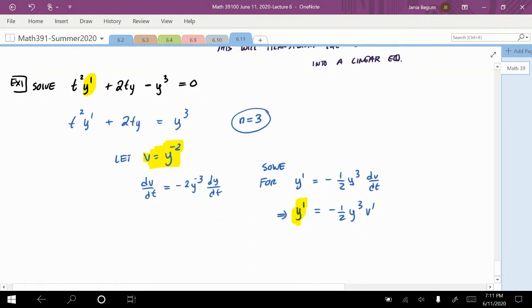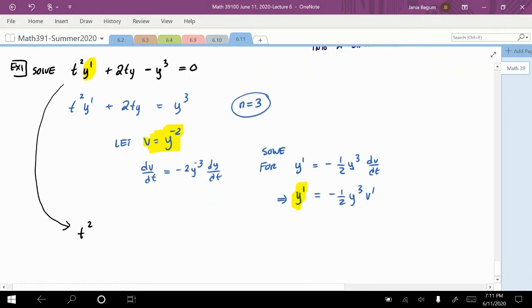So we have t squared times y prime. Well, y prime is negative 1/2 y to the third v prime, plus 2t y is equal to y to the third. I already moved y to the third to the right side, so I'll just keep it as it is.